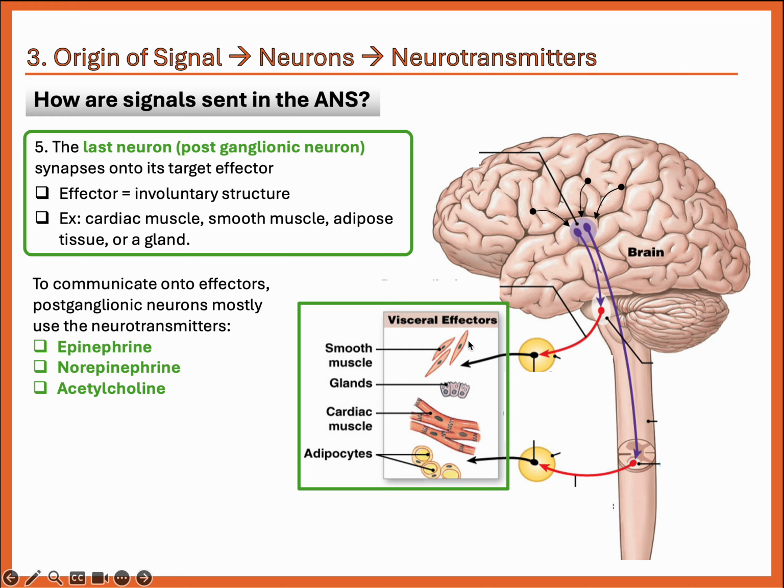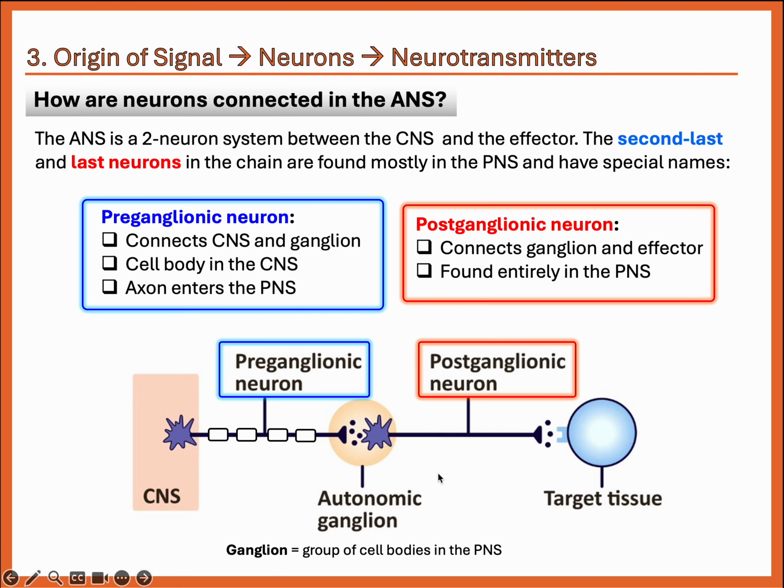So we communicate onto effectors via our postganglionic neurons, mostly with the neurotransmitters epinephrine, norepinephrine, and acetylcholine. These neurons, the black ones, will release one of these three neurotransmitters onto their targets. Okay, so I just want to re-emphasize a certain part.